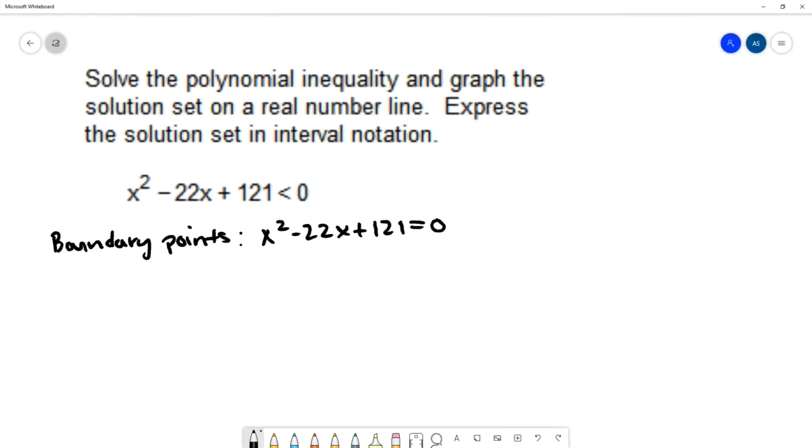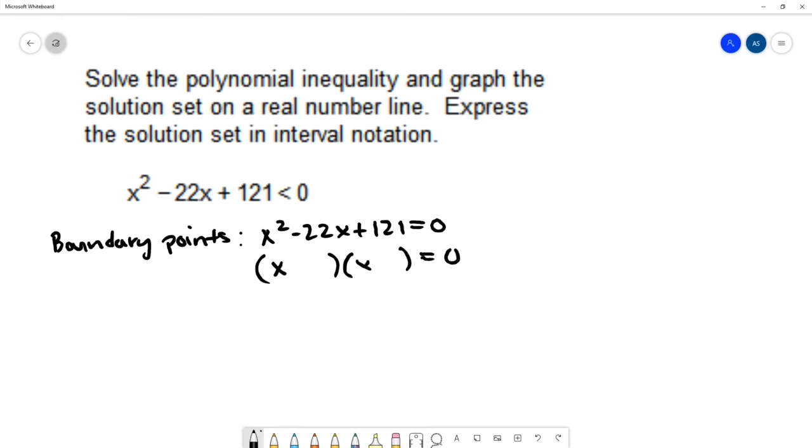So I replace that inequality with an equal sign. These boundary points, if you're thinking of this graphically, like a two-dimensional xy graph, would be the x-intercepts of the polynomial. So let's see if we can solve this by factoring. If not, we can always rely on the quadratic formula.